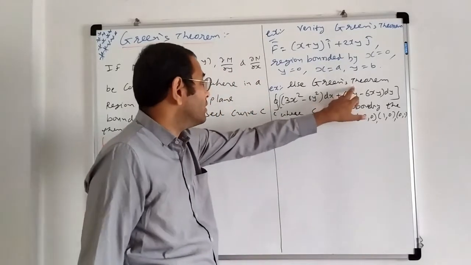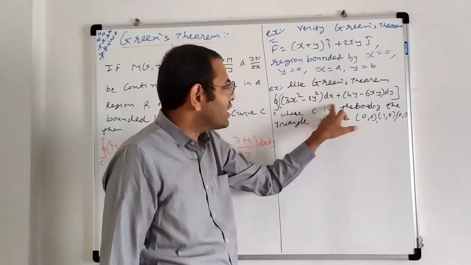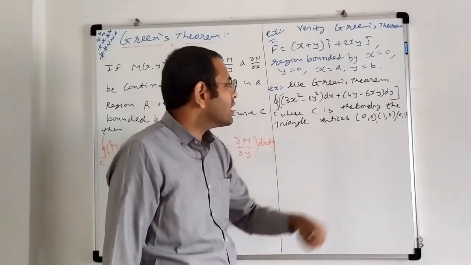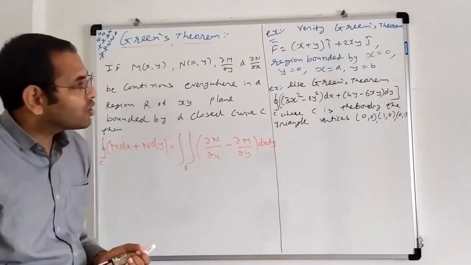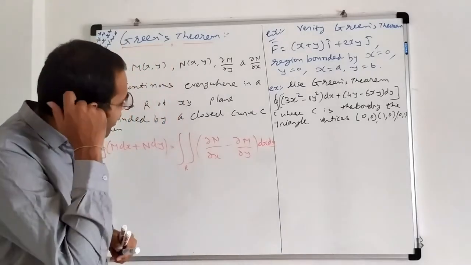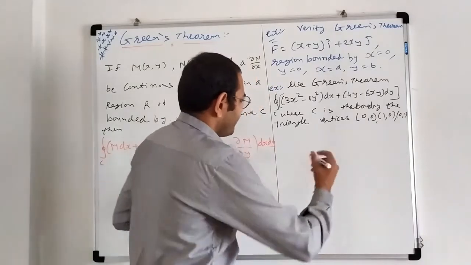Use Green's theorem. Integral over C of (3x square minus 8y square) dx plus (4y minus 6xy) dy, where C is the boundary of the triangle with vertices (0,0), (1,0) and (0,1). So first we draw the region diagram.